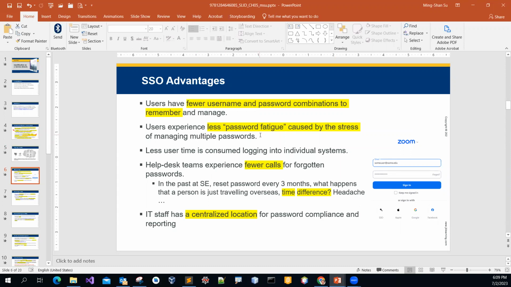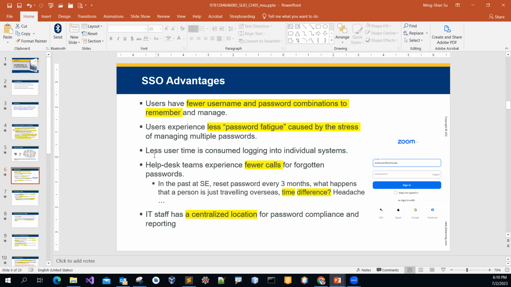Believe me, I personally experienced situations like that. Sometimes when I reset the password because of this every 3 months criteria, after a week, I forgot the password. Then I have to call the IT to reset it. It's really a headache.